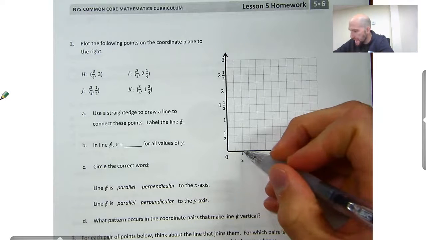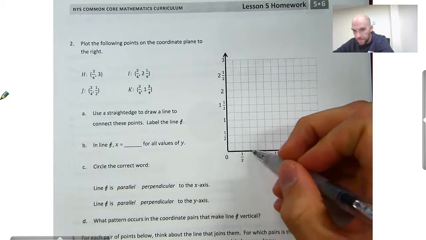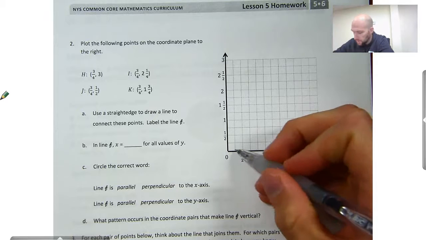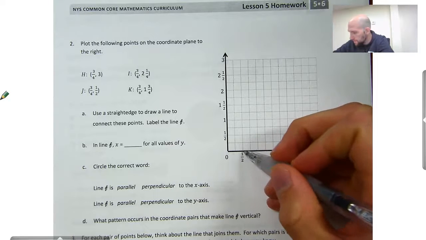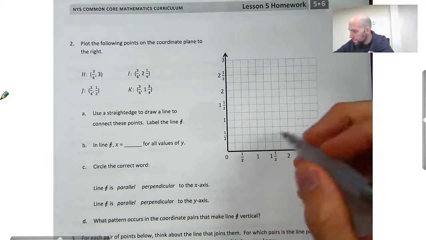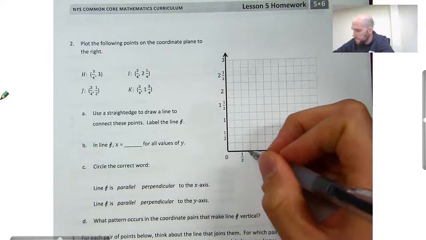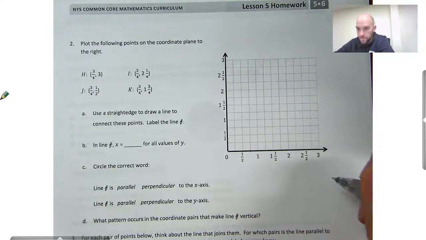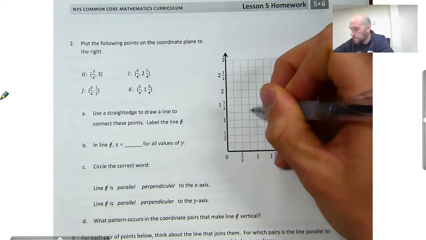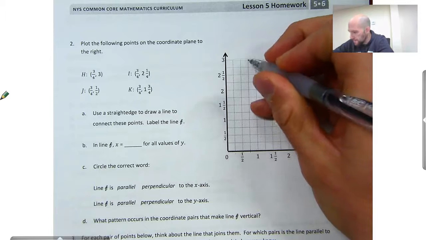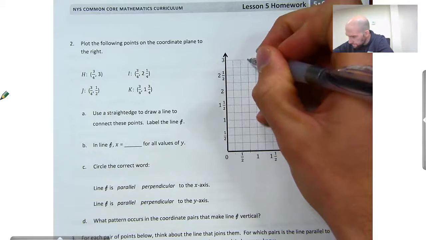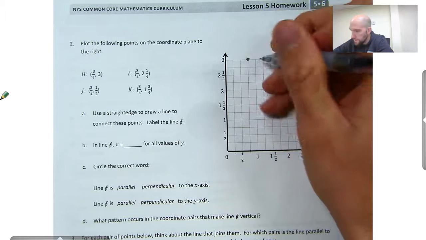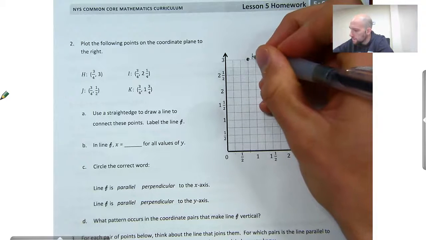Here's a half, so each of these little squares is a quarter. We have 1/4, 2/4, which is a half, 3/4. So 3/4 would be right here. Then we go all the way up this line until we get to 3, which is all the way up top. That will be point H.